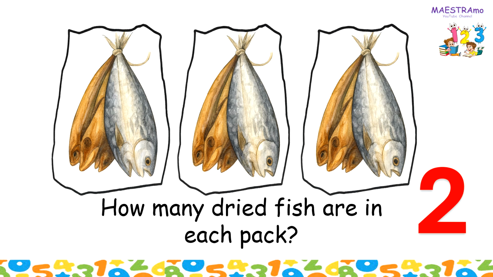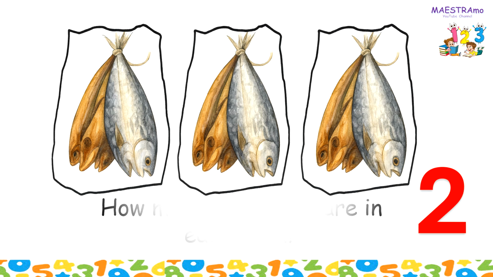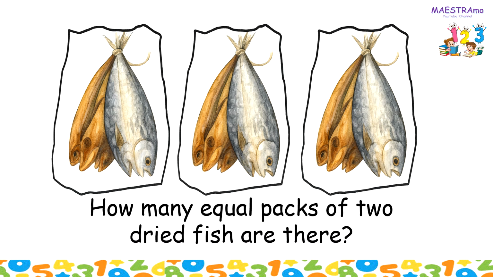There are 2 dried fish in each pack. How many equal packs of 2 dried fish are there? You're right. There are 3 equal packs of 2 dried fish, or 3 twos.